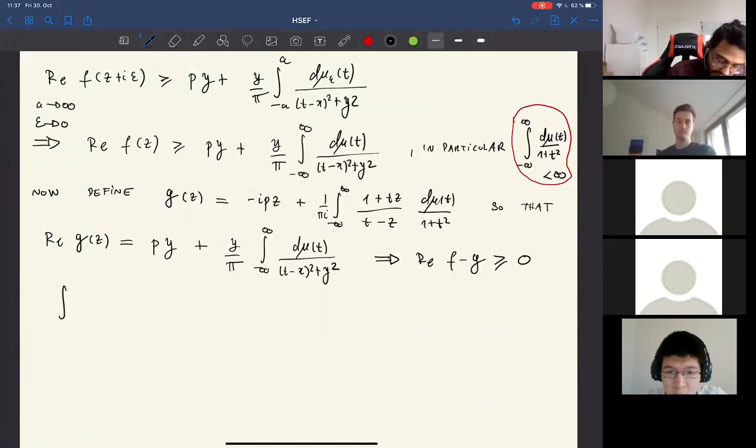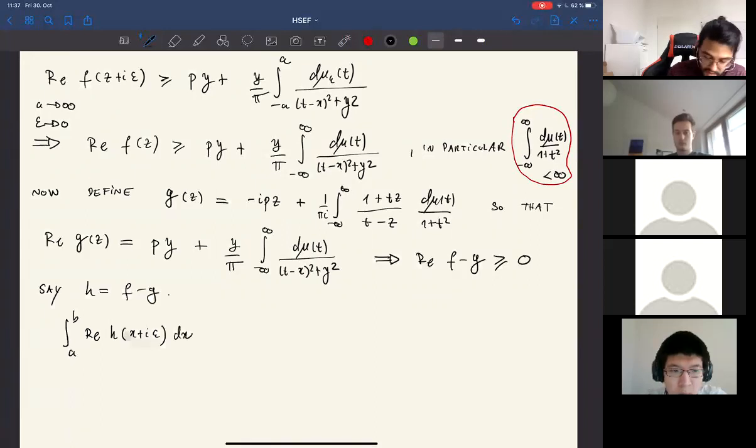Well, if I integrate from a to b, say now h is f minus g. So if I integrate from a to b the real part of h of x plus i epsilon dx, what is that?